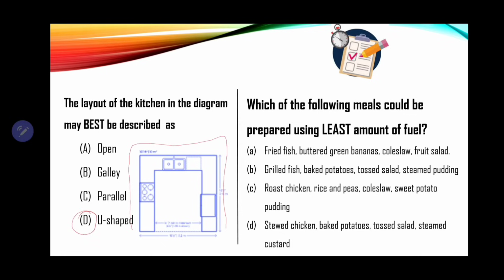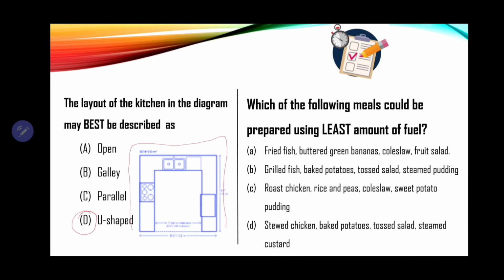Next question. Which of the following meals could be prepared using the least amount of fuel? Now let us look at what these meals are. So A, fried fish, buttered green bananas, coleslaw, fruit salad.